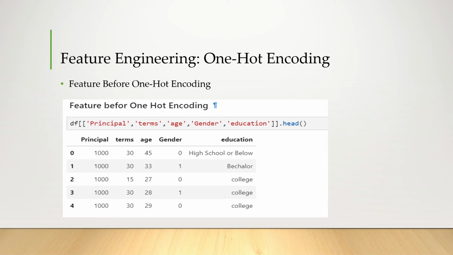Next, we will do two feature engineering steps on our data in order to get better performance. The first is one-hot encoding, because our dataset contains some categorical data such as terms, age, gender, and education. Transforming this categorical data into numeric data can heavily improve our performance.